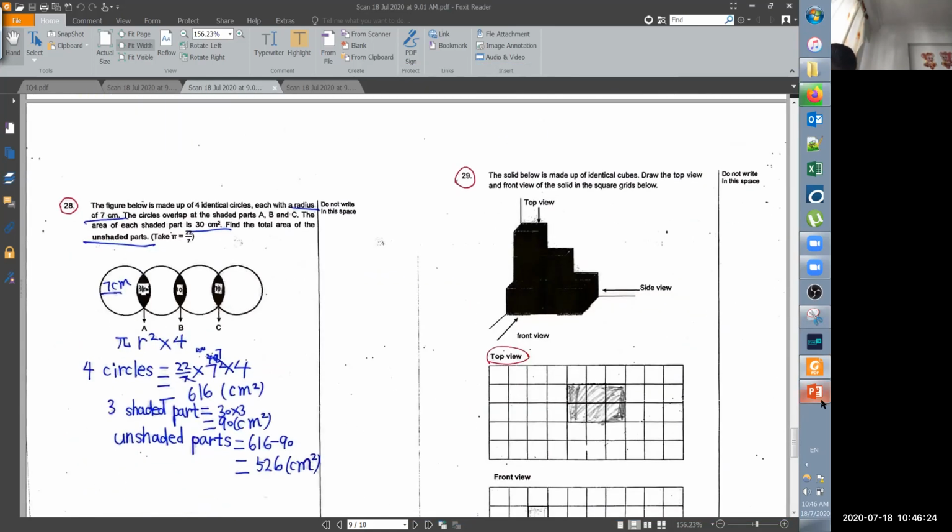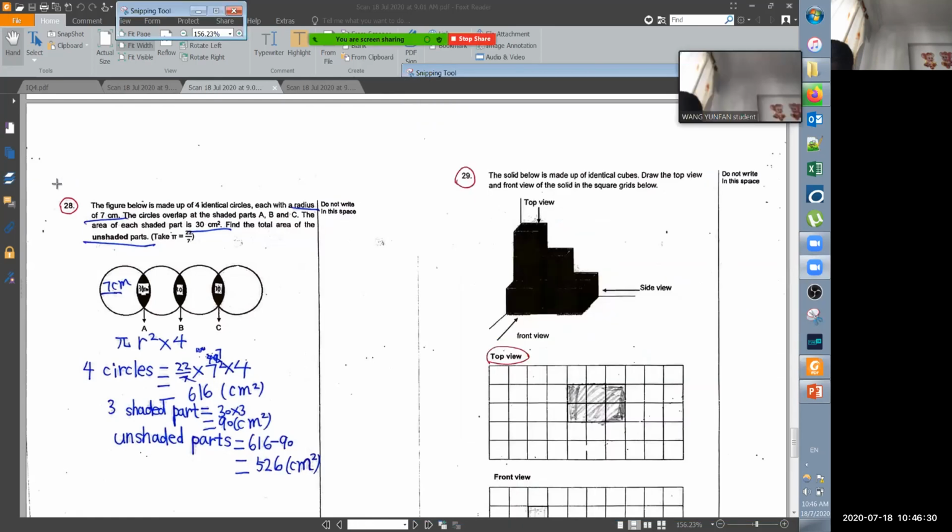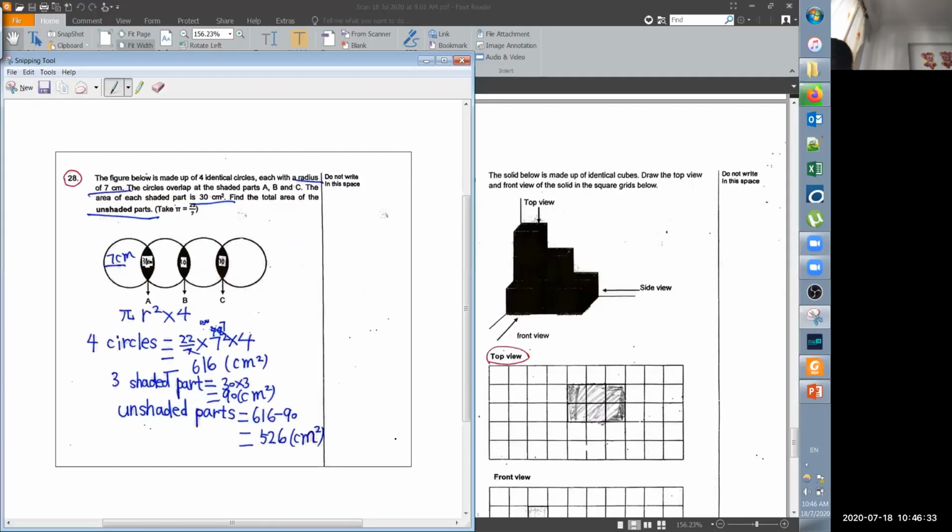What does this question say? This one is actually quite simple. But it requires you to do it differently. Okay, so the figure appears to be made out of 4 identical circles, each with a radius of 7. Okay, you have this.